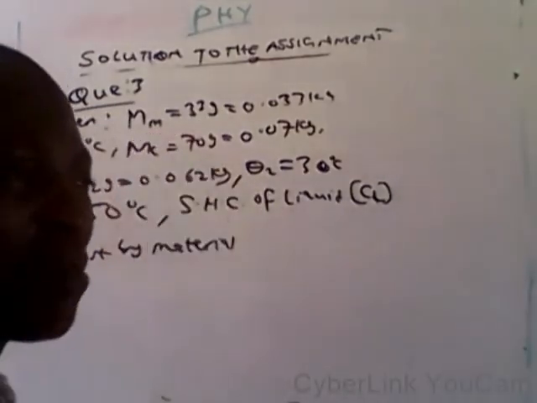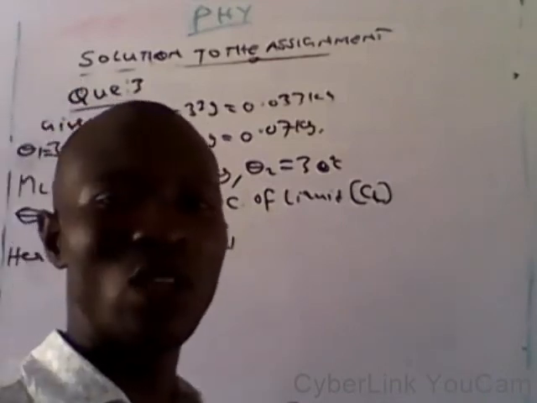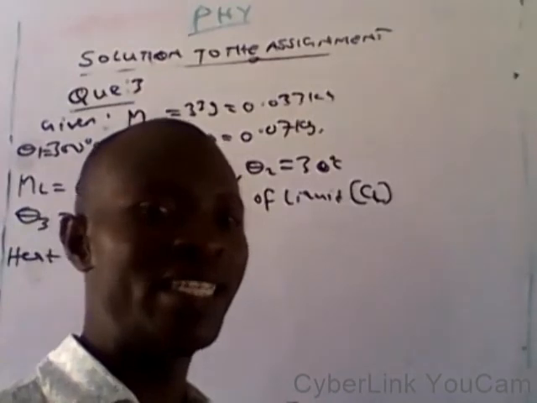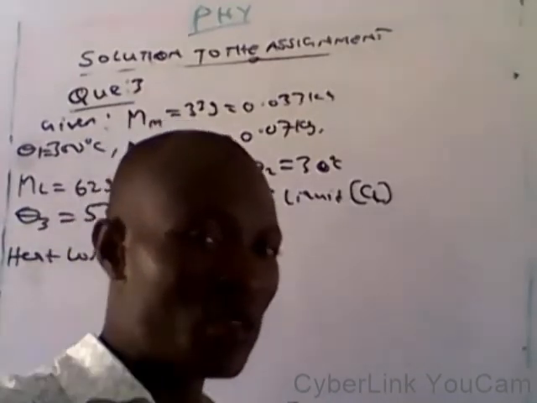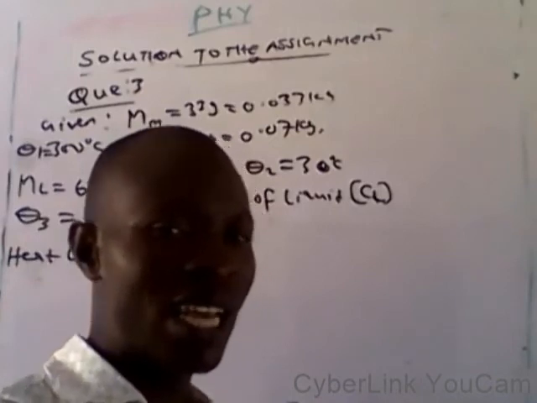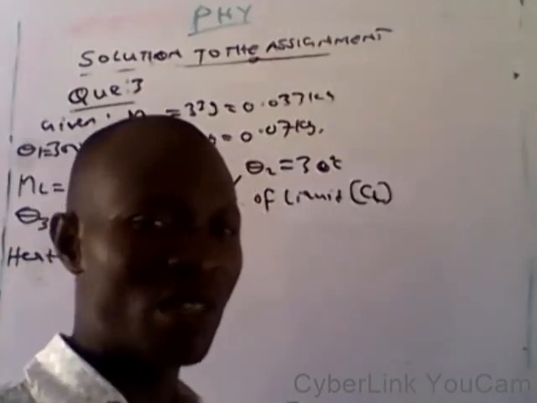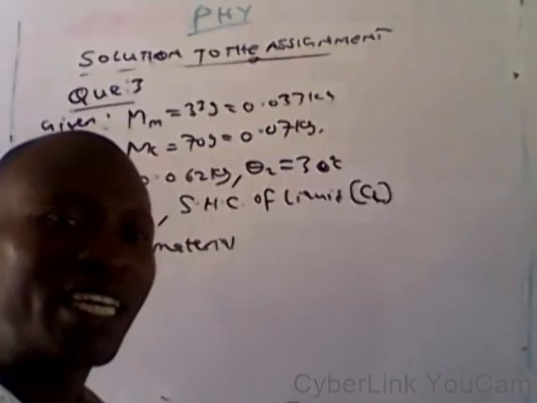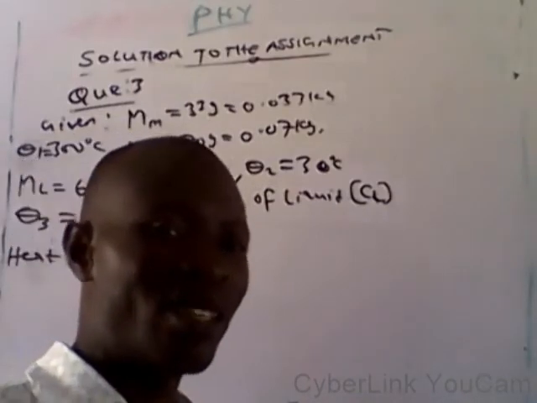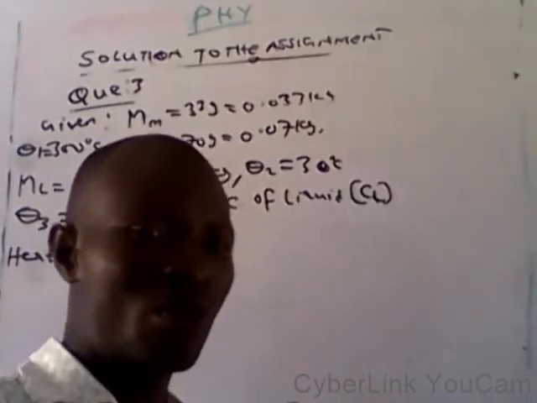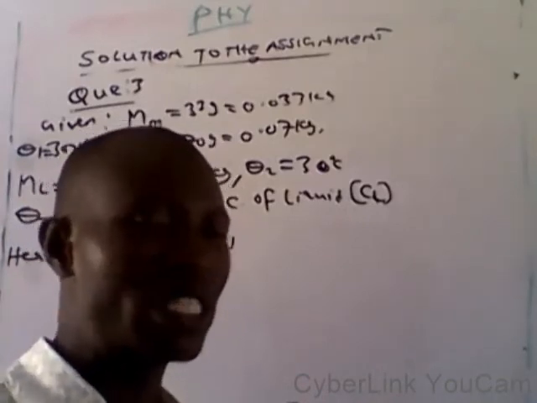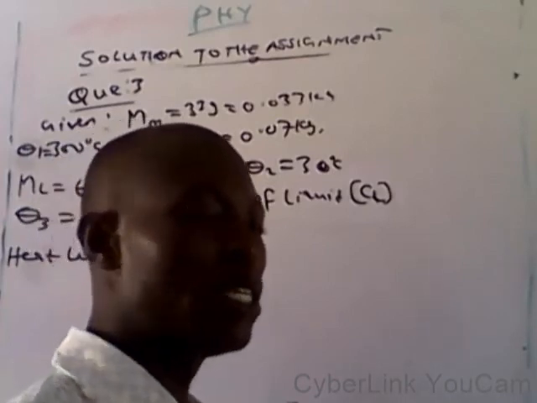So in that case, it means that the amount of heat lost by that hot body must equal the amount of heat gained by the liquid. Now, if we still consider the calorimeter as another parameter in that experiment, the calorimeter will also gain a certain amount of heat. So the total heat lost by that hot body will be equal to the heat gained by the water, by the liquid, and by the calorimeter.